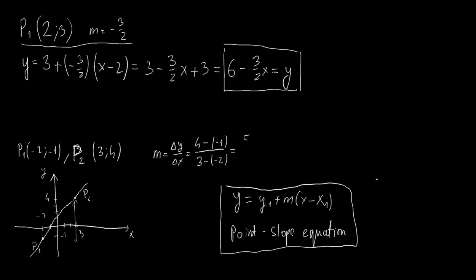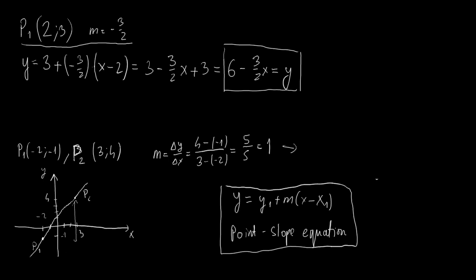So that is 5 over 5. So the slope of the line is 1. Now we got the slope and we got 2 points, and we can use this slope with either of the 2 given points in the point slope equation. We will substitute one of them, and we will get the same thing.